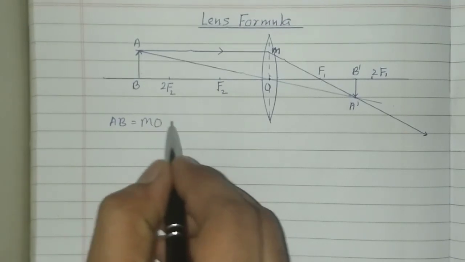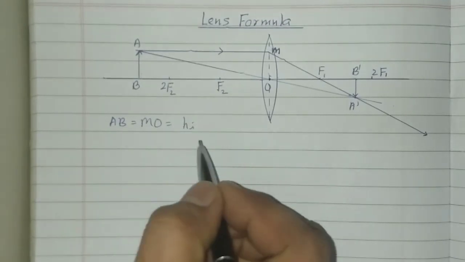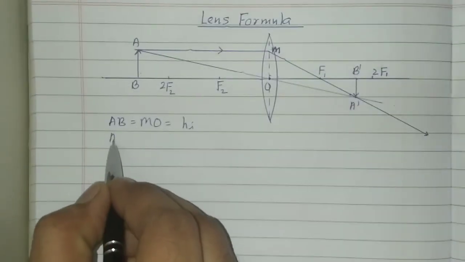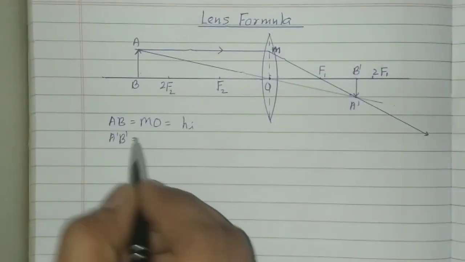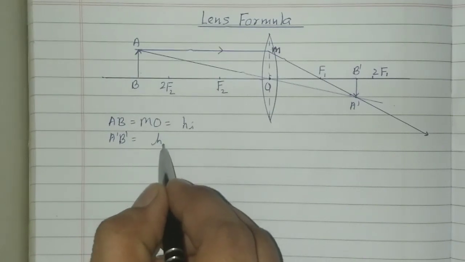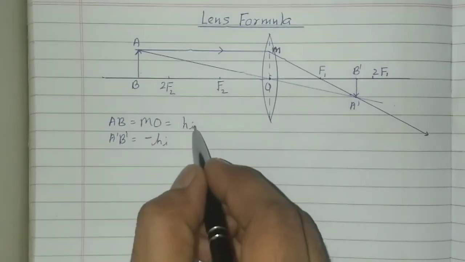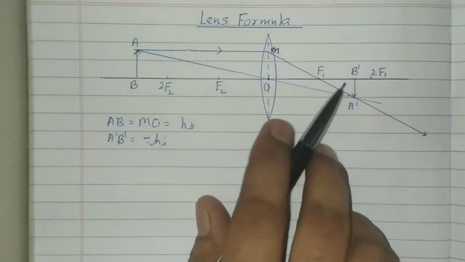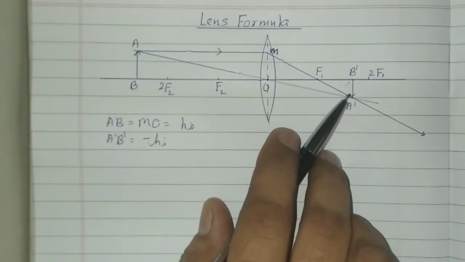So AB is equal to MO is equal to HI. Now A dash B dash is the size of the image, it is equal to minus HI, and this is HO, sorry, object height, and this is image height, minus PQ because distance is measured in downward direction.